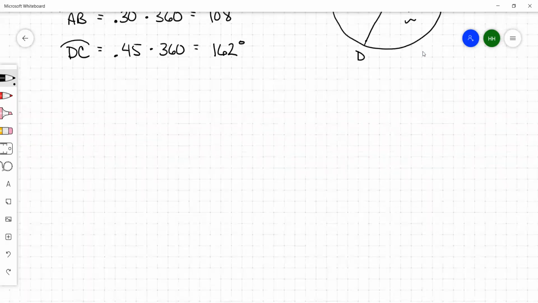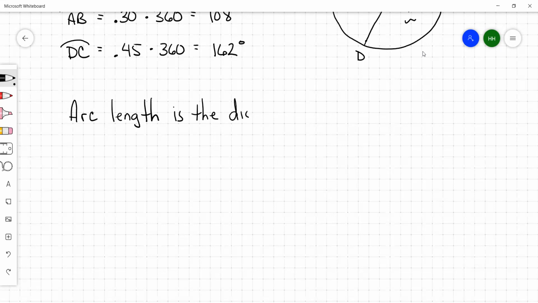All right, arc length is the distance of an arc.